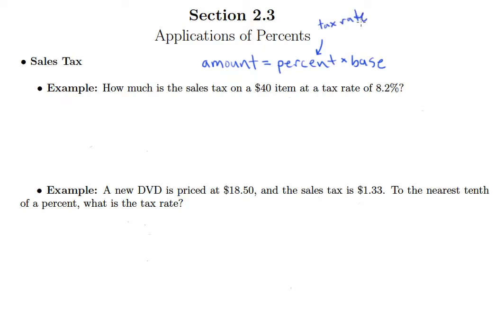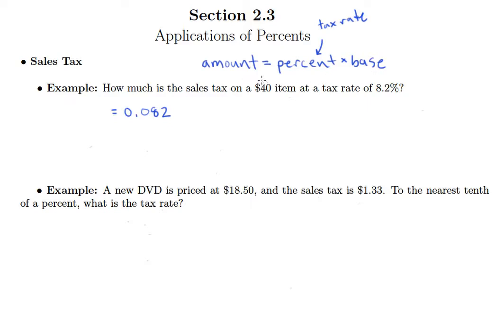So I know that 8.2% goes here, and we write it in decimal form. Remember from the last section that the percent in the percent equation is in decimal or fraction form. So I'll put 0.082 here. Now the question is, are we looking for the amount or the base?